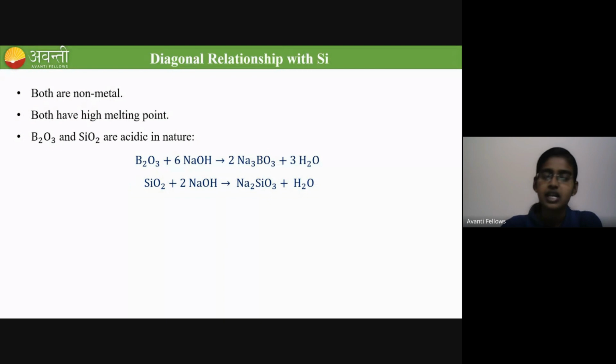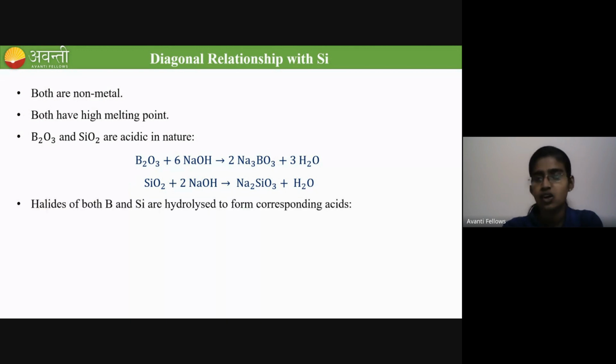Okay. And coming to the halides of both the elements, halides means fluorine, chlorine, bromine, and iodine, right? So when boron and silicon react with these halogens, they form halides. So the halides of both boron and silicon are hydrolyzed. Hydrolyzed means the halides will react with water to form the corresponding acids. You see here in the reaction.